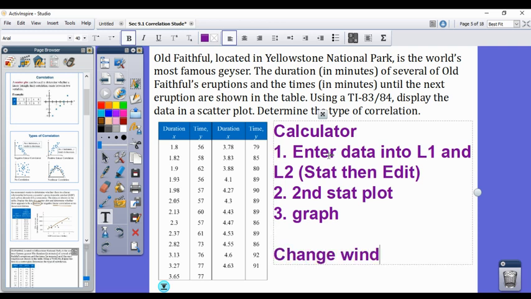Let me look at my calculator because I don't remember the buttons. To change the window, you're going to hit zoom, and then go down to zoom stat.